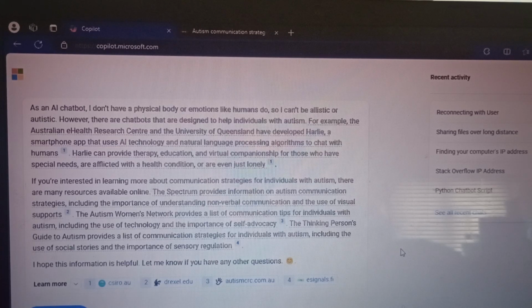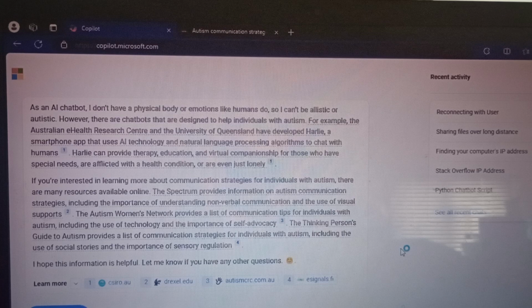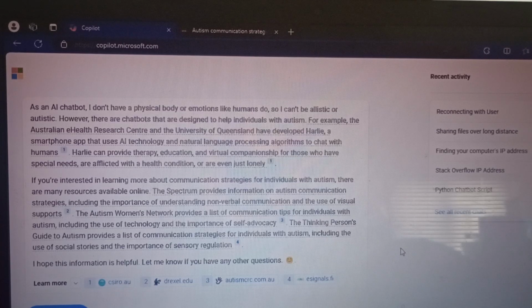Harley can provide therapy, education, and virtual companionship for those who have special needs, are afflicted with health condition, or are even just lonely.